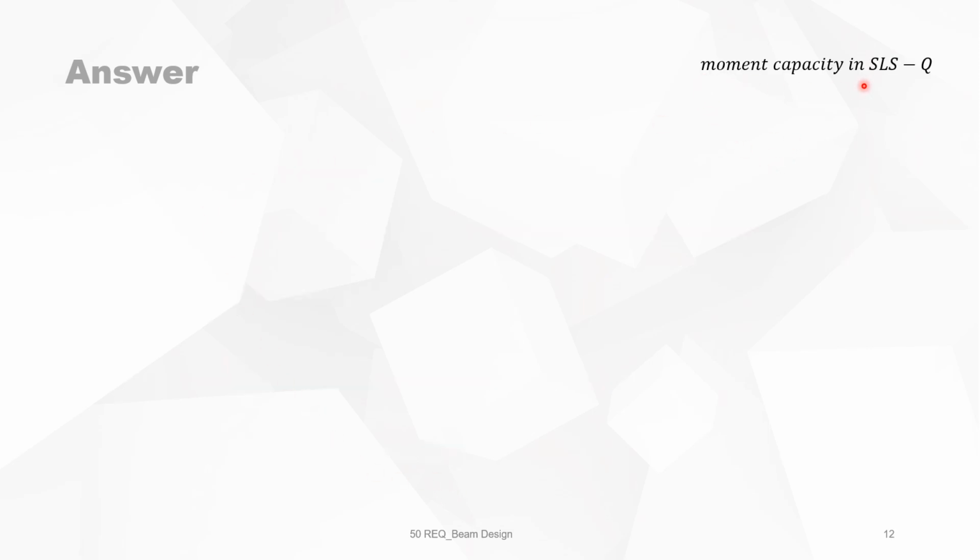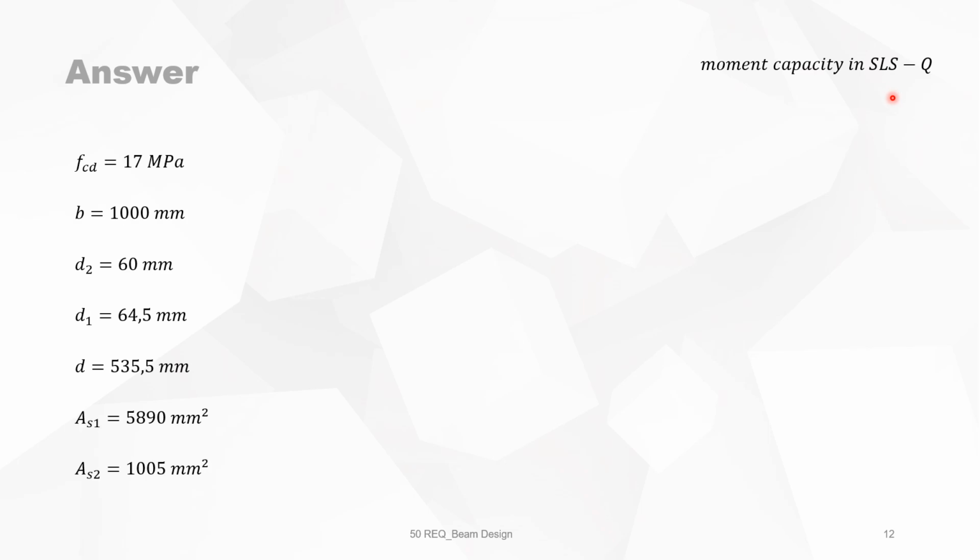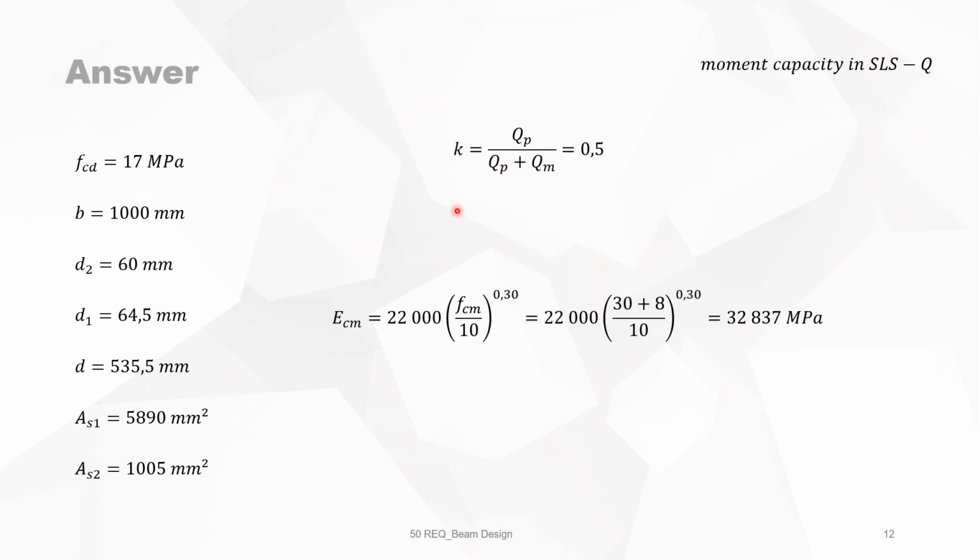Now we will look at the moment capacity in SLS quasi-permanent. These are the different values of all the parameters. We again look at the k factor. In QP, the effect of the permanent load was equal to the effect of the mobile load, so the k factor is 0.5. The mean value of the concrete modulus of elasticity is 32,837.